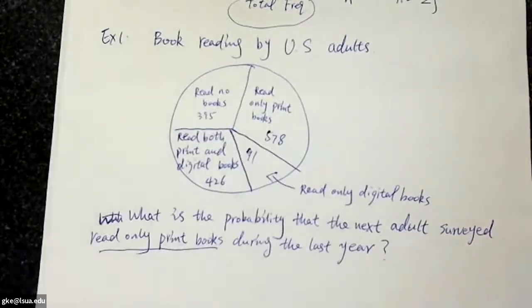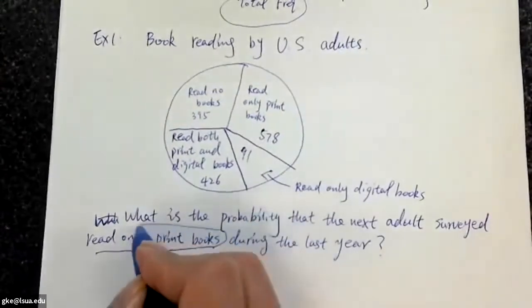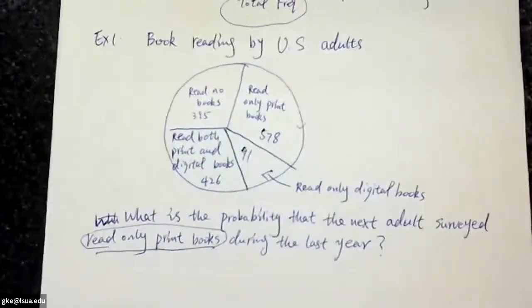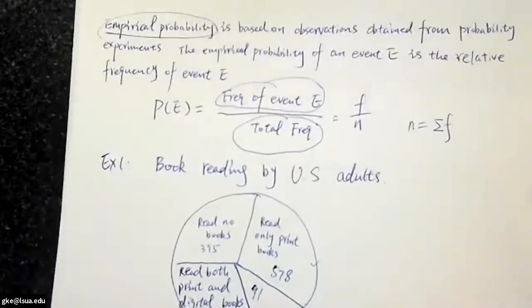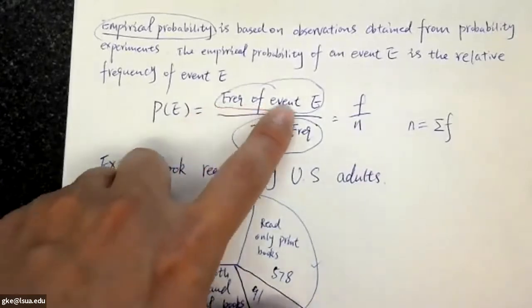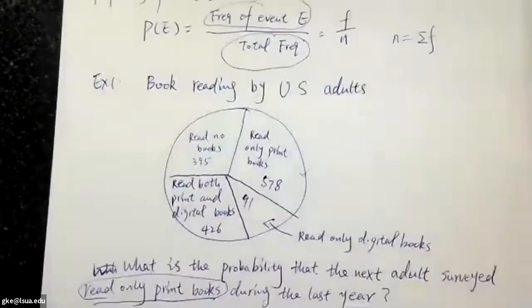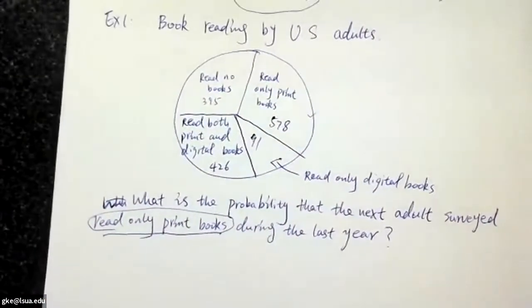As we can see, the event read only print books is here. So based on the formula, it is the frequency of event E divided by the total frequency.